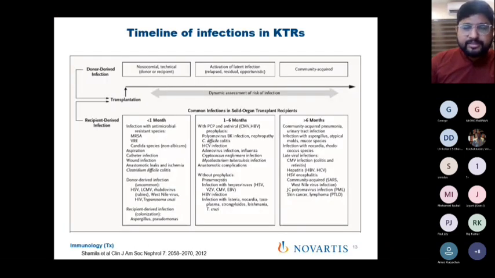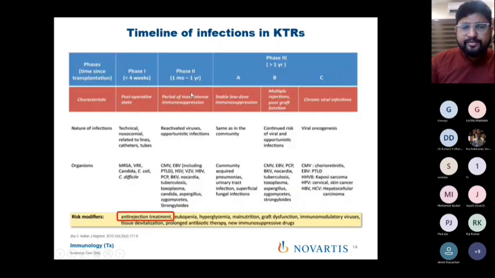And when we know our standard timeline of infections, we discuss less than 1 month being bacteria acquired from nosocomial from the hospital, mostly resistant species, UTIs, wound infections, to the first 6 months where viral infections also play a major role, in spite of people who are without prophylaxis and with prophylaxis as well, where HCV infections, streptococcal infection, mycobacterial infections are on the rise. And after 6 months, all sorts of community acquired pneumonia, infections related to fungal as well as viral infections like CMV and BKV take up.